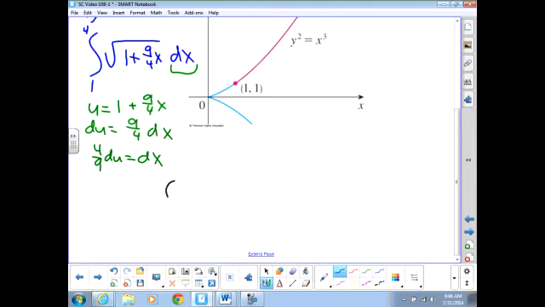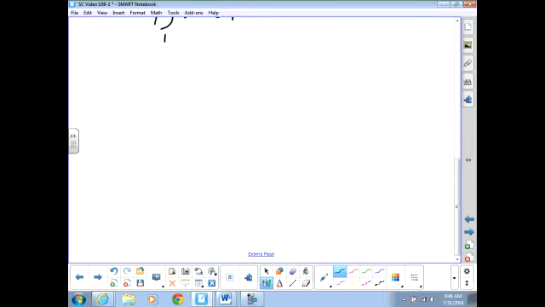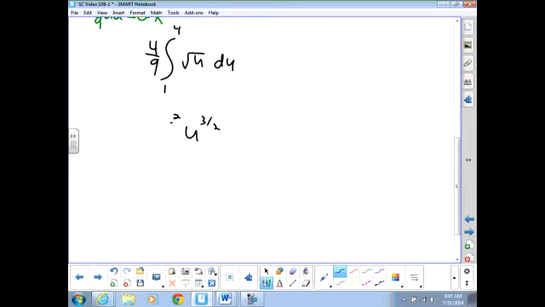This means when we do our integral, we're going to have square root of u du, and then we'll have to put the 4/9 out front. So that's really u to the 1/2. U to the 1/2 will become u to the 3/2, and we'll put 2/3 out front. Don't forget we have the 4/9.